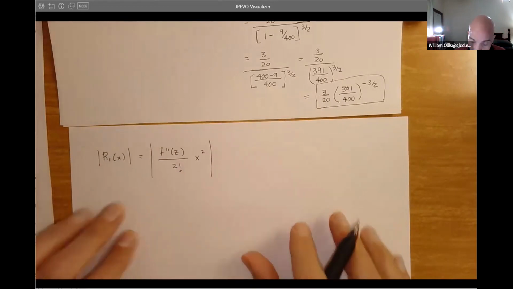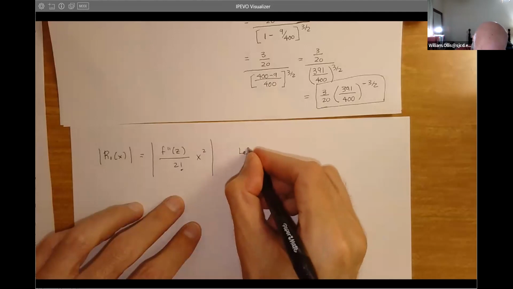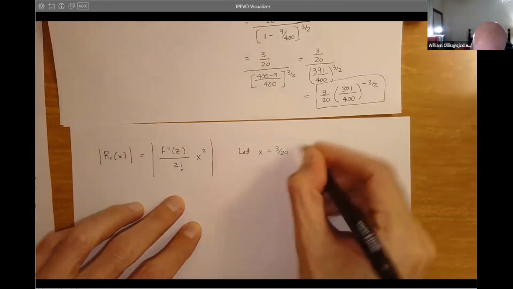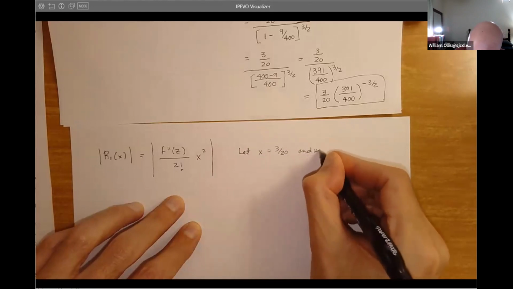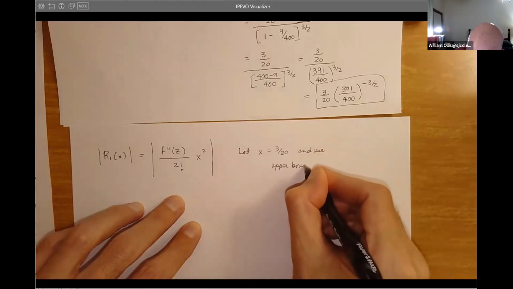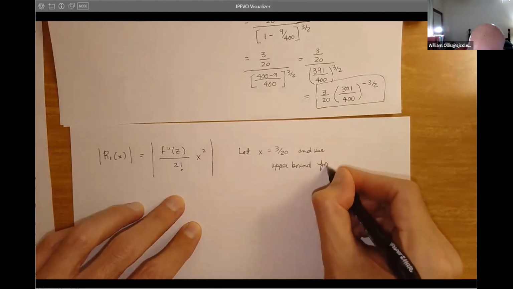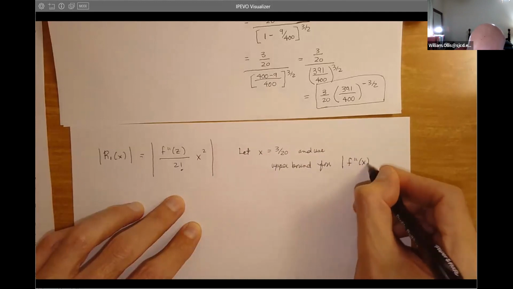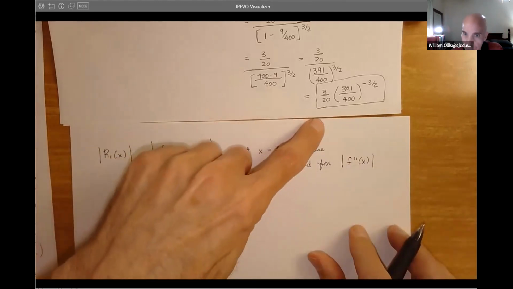That's what it is. And so now we want to let X equal 3/20 and use the upper bound for the absolute value of F double prime X that we just have right here.